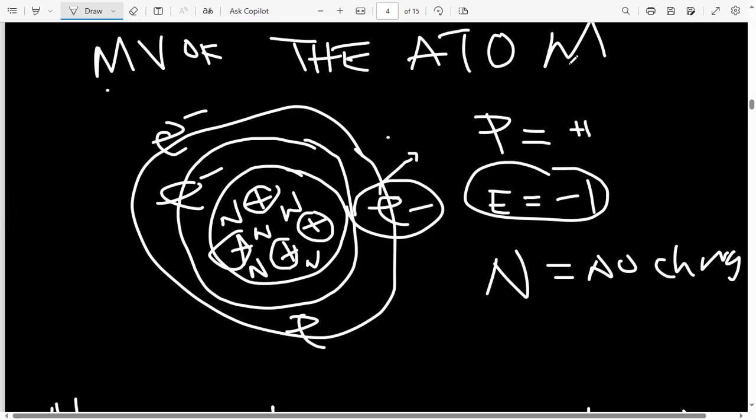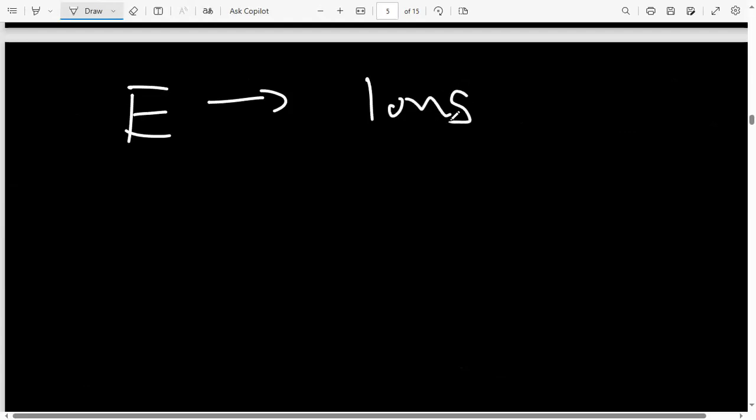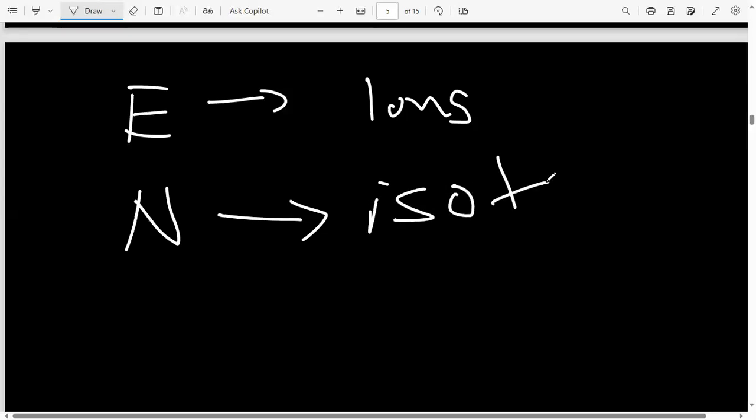But these protons here are ever constant. So we can say that if the electrons change in an atom, we form ions. And if the neutrons change in an atom, we form what we call isotopes.